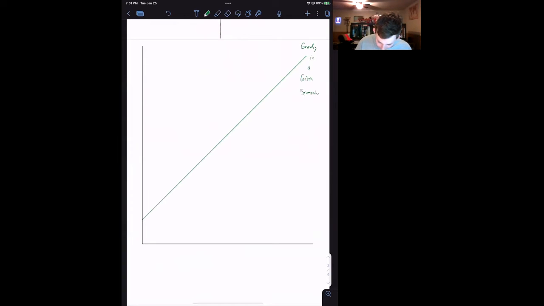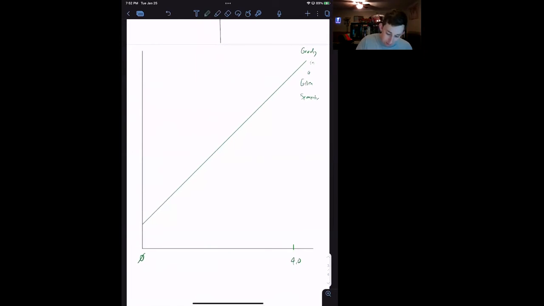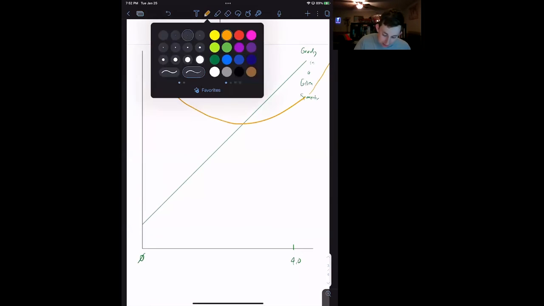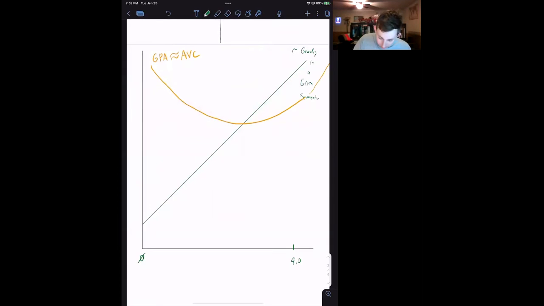So it can range, maybe here's a 4.0, and over here is a straight 0. Now I am going to also draw a parabola that looks kind of like this, and I'm going to call this your overall GPA. These two squiggly equals signs mean equivalent. This is equivalent to this average variable cost shape you've seen before. And this grades in a given semester is roughly equivalent to the marginal cost.